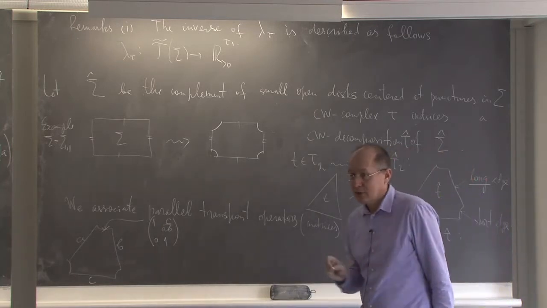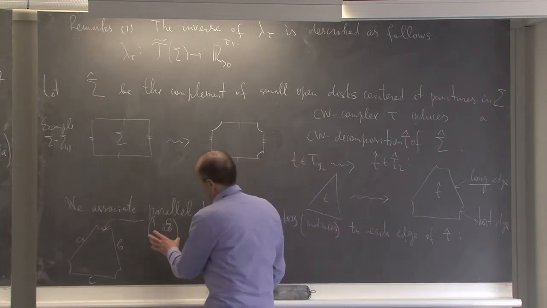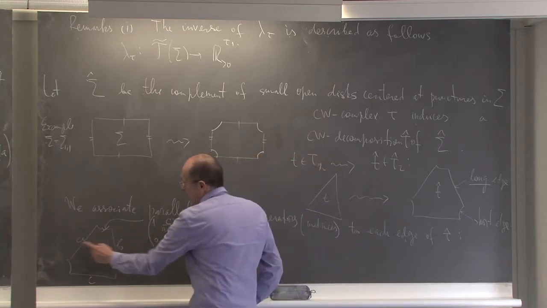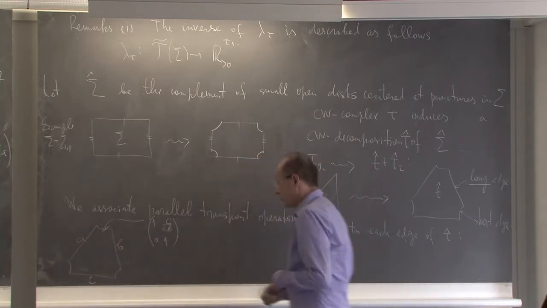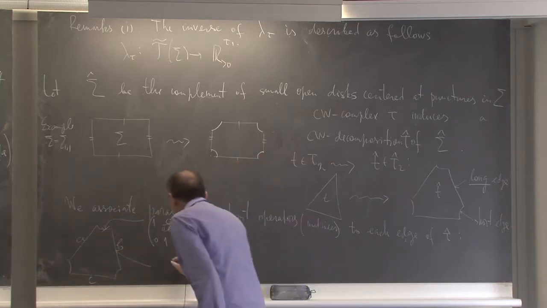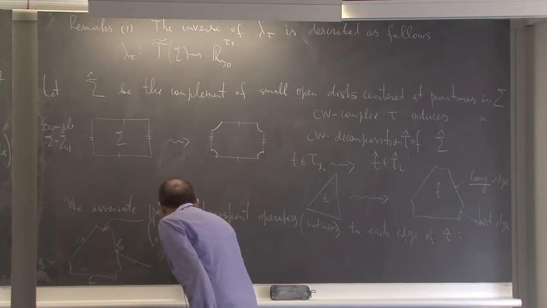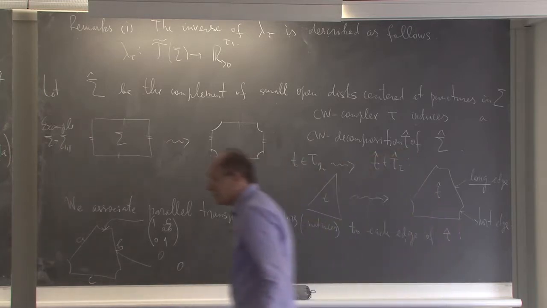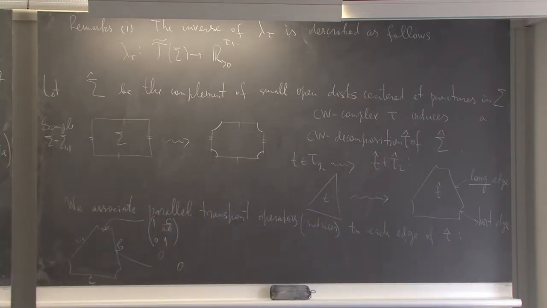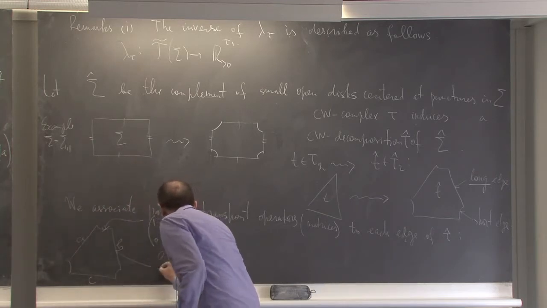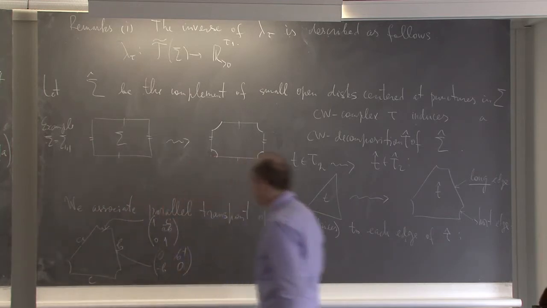For each short edge, we associate this upper triangular parabolic matrix by using the positive numbers sitting on the 3 sides. And for each long edge, we associate a matrix with zeros on the diagonal, and the numbers b, minus 1, minus b on the opposite diagonal.